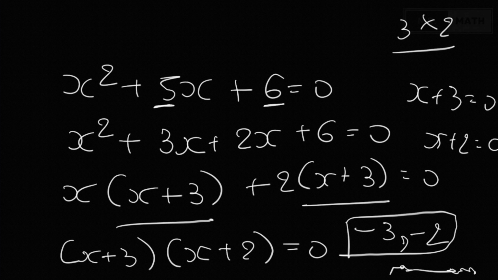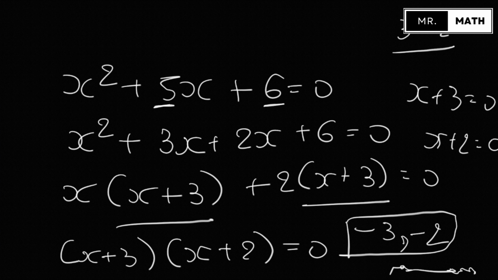Then two methods to find the roots of any quadratic equation. First method is factorization. Second method is quadratic formula. So in factorization, how do we factorize? Based upon the sign of the c term.